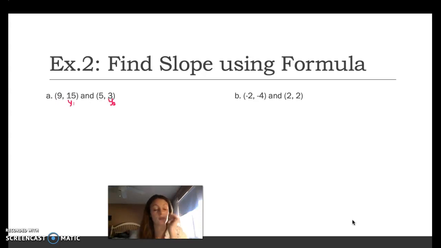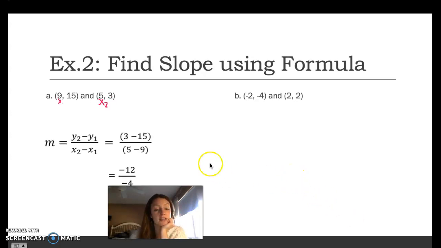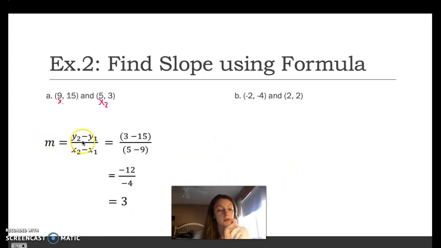Then I'm going to take all those points, plug them into my formula, which I listed again for you guys right here: y2 minus y1 over x2 minus x1. So I plug them straight in. My y2 is right here, 3, minus y1, which is 15. x2 is 5 minus x1, which is 9.